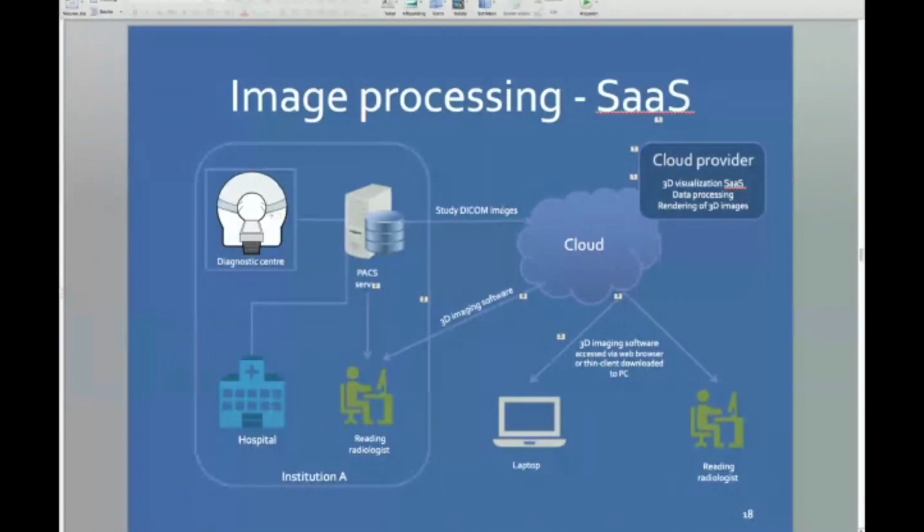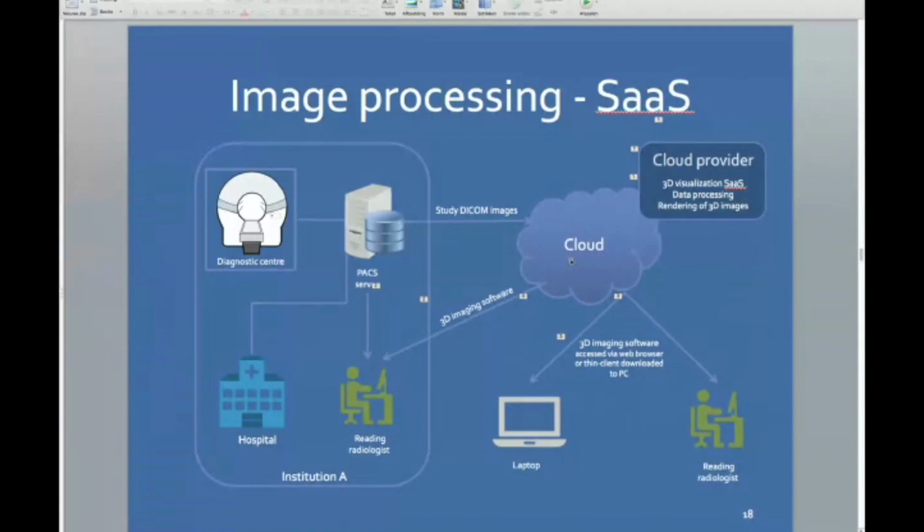So when we talk about cloud services for image processing, we talk about software as a service. So here we have a similar situation, a hospital with a diagnostic center with a scanner. Images are sent to the PACS, and from there they can be sent to the cloud, but the cloud is used differently here. The images are being post-processed in the cloud.